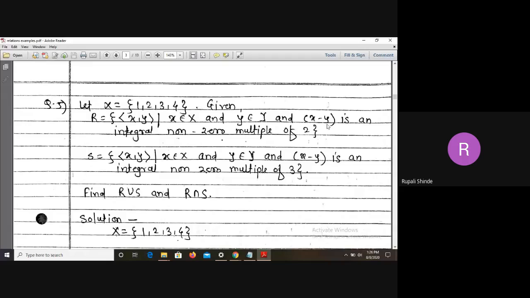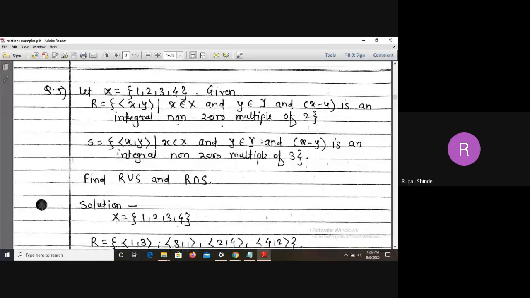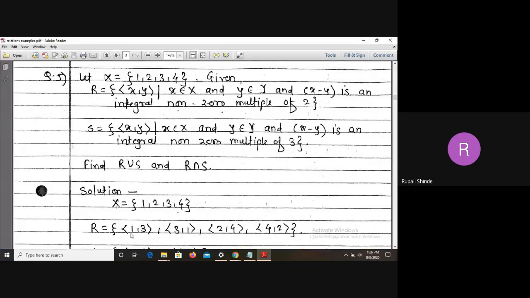So first, we have to consider ordered pairs such that x minus y is an integral non-zero multiple of 2. So here we can find the first ordered pair as 1, 3. Why have we taken this ordered pair? Because 1 minus 3 will give you minus 2, and this is a non-zero multiple of 2, because it will give you the answer as minus 1.